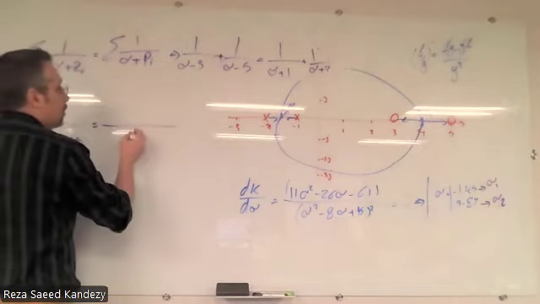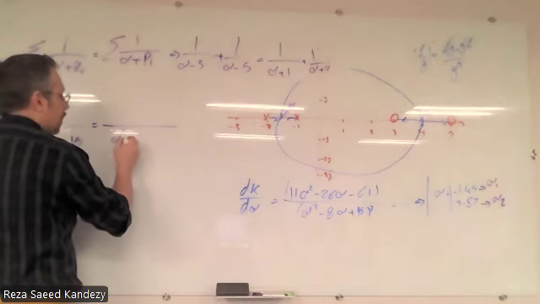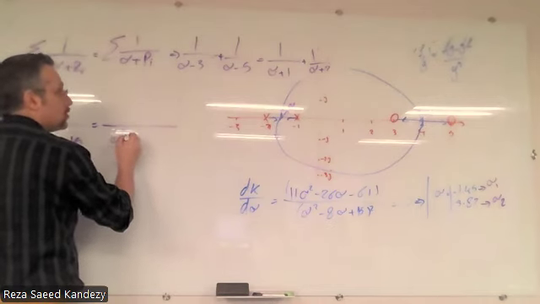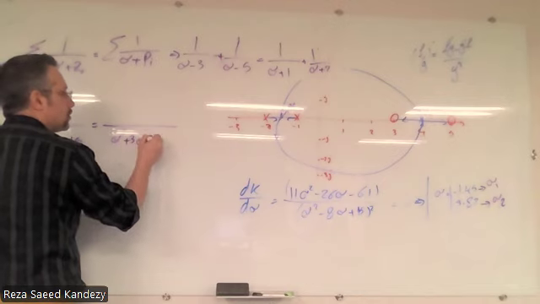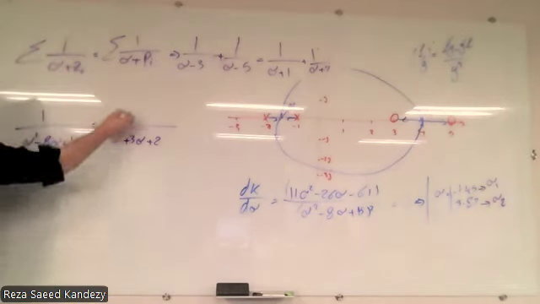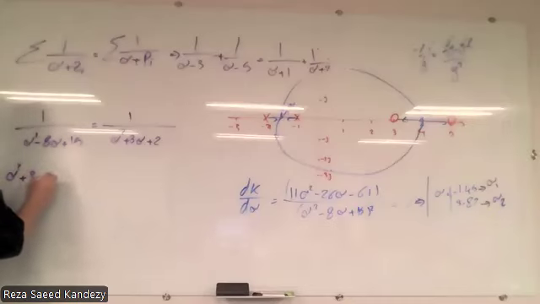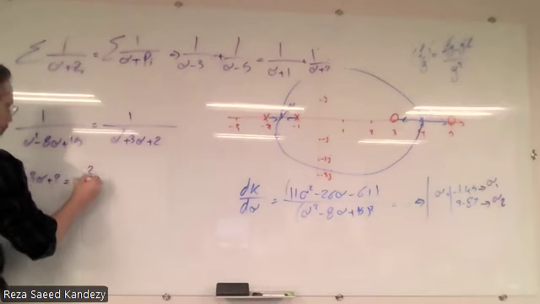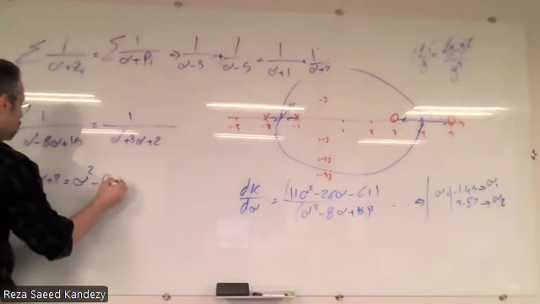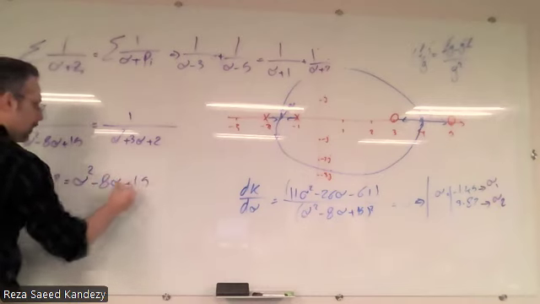The other one becomes delta squared plus 3 delta plus 2. Right? Now, you can simplify that. So this one becomes delta squared plus 3 delta plus 2. And this one becomes delta squared minus 8 delta plus 15.